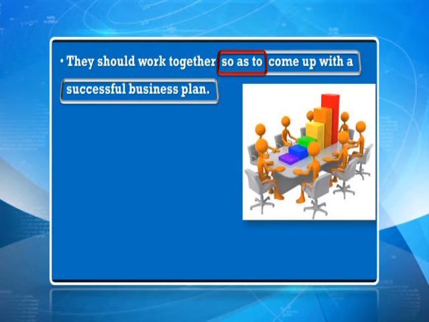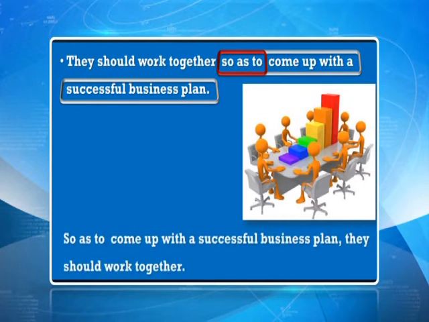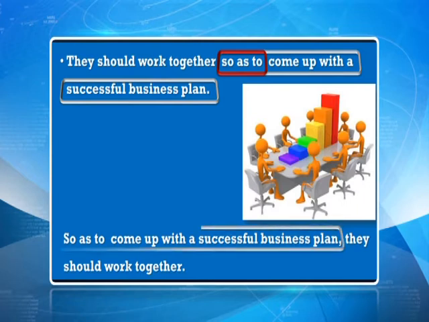Sometimes, in order to give more emphasis or more stress on the purpose, we can use this clause at the beginning of the sentence. For example, we say, so as to come up with a successful business plan, they should work together. Again, I start this clause with the expression so as to.